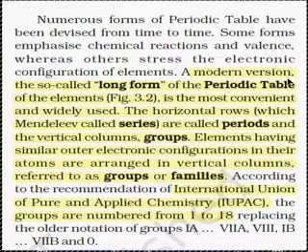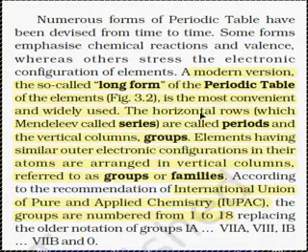A modern version, the so-called long form of the periodic table of the elements, is the most convenient and widely used. So the modern periodic table is also known as the long form periodic table.